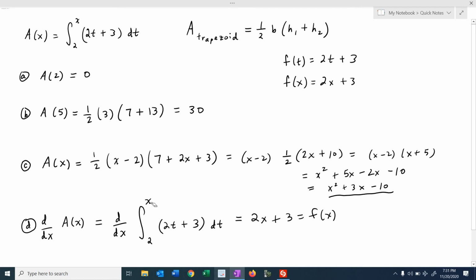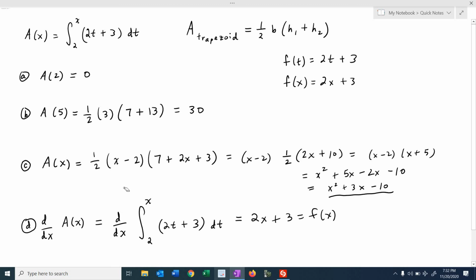That function depends on the upper limit. It does not depend on the dummy variable. Remember, for a definite integral, the dummy variable doesn't matter when you determine the integral. The thing that matters is this upper limit.